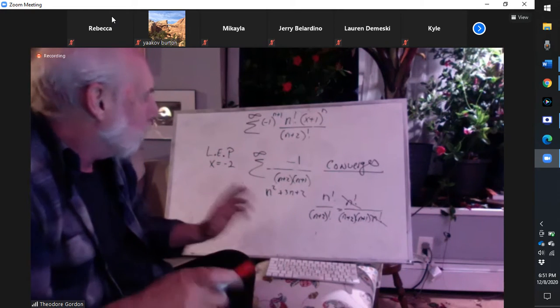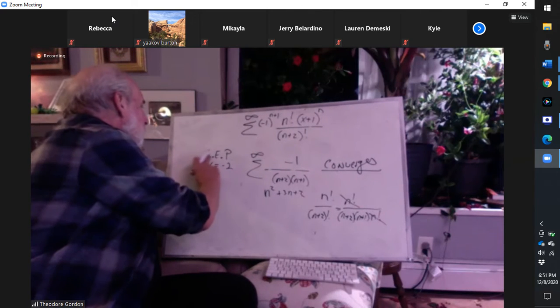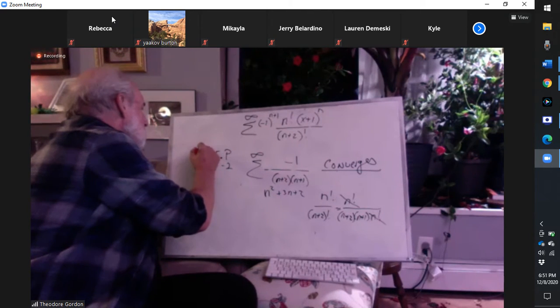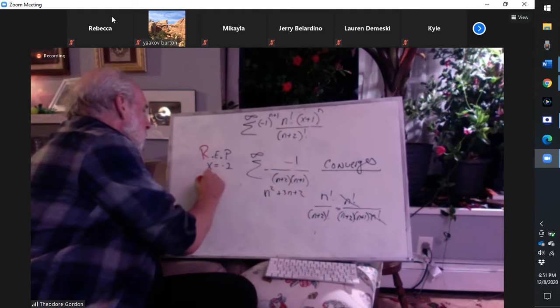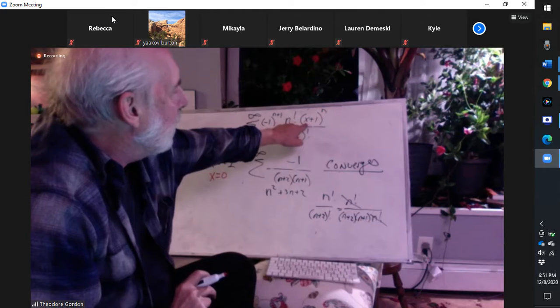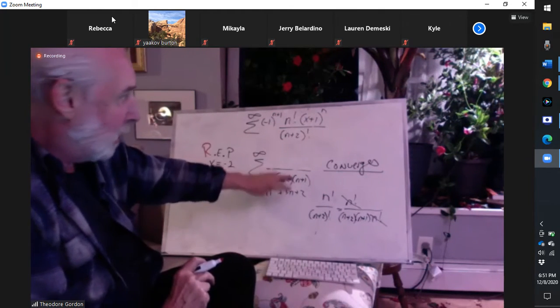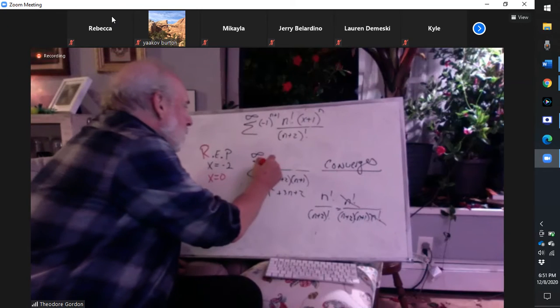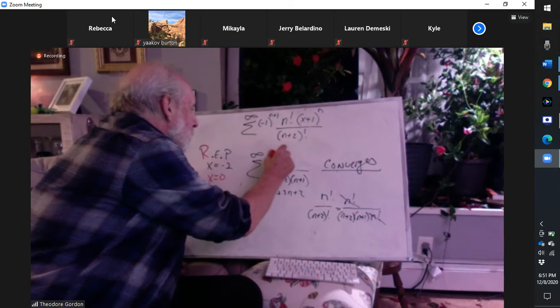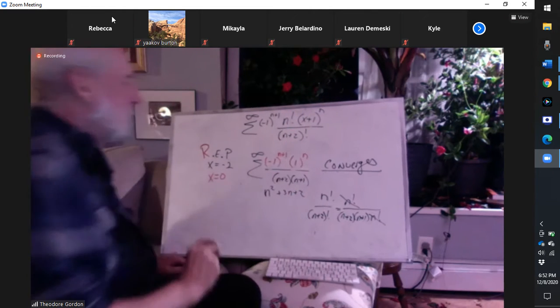Now we check the right endpoint. If we check the right endpoint, that's where x is equal to 0. So if we put 0 in here, we just get 1 to the n. All of this stays the same. So we would have -1 to the n plus 1 right here, and then we would have 1 to the n.